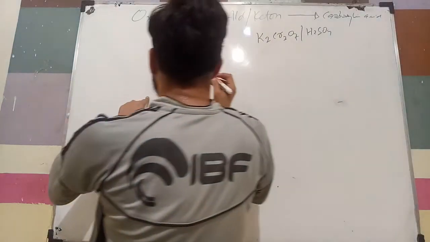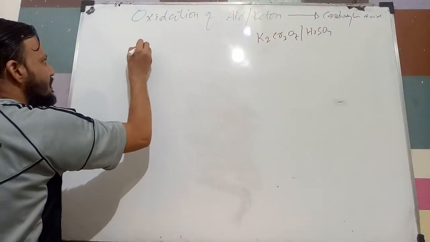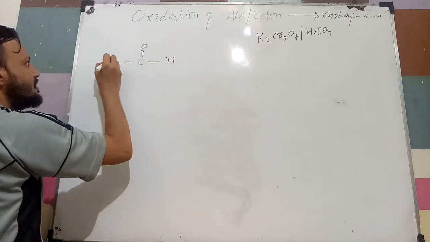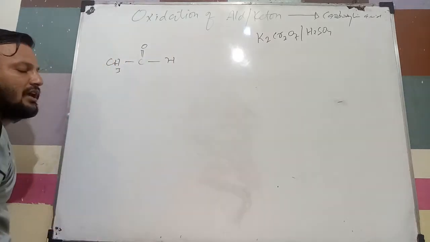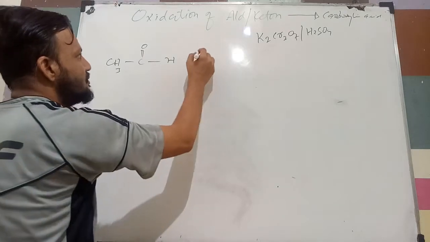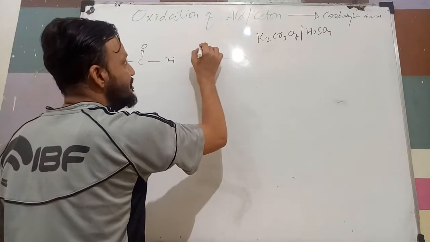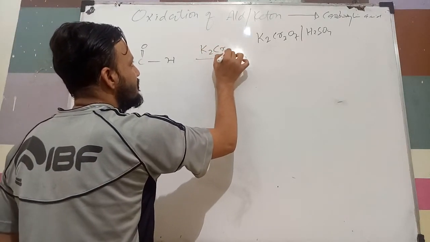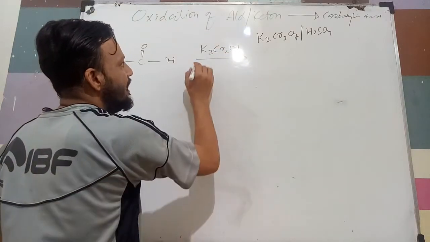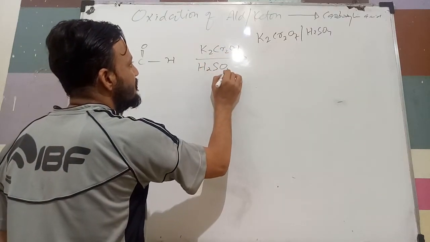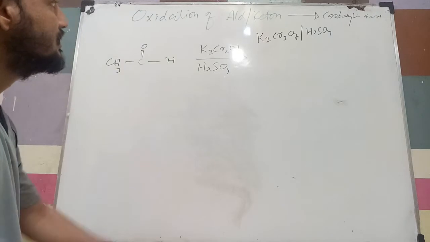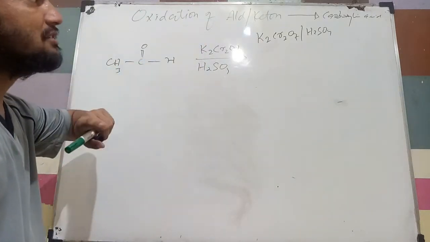How will it work? Like double bond oxygen, H, and CH3. Here we have ethanal in the presence of these compounds as oxidizing agents, K2Cr2O7 and H2SO4, they will produce oxygen, and that oxygen will attach.